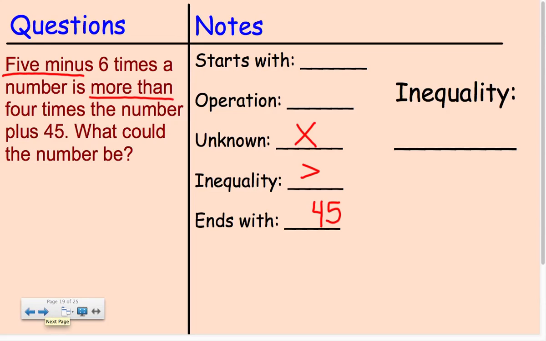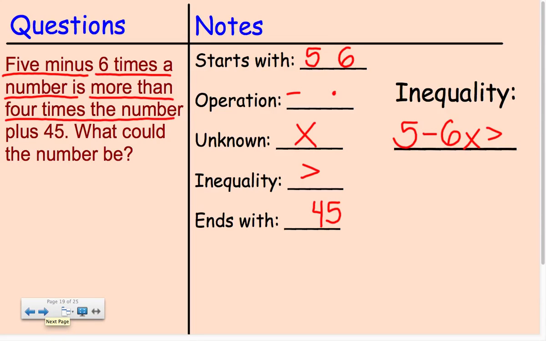5 minus. So I'm going to put 5 minus, or if it helps you, you can just start writing your inequality right away. 5 minus 6 times a number. So 6 times our number is greater than 4 times the number.